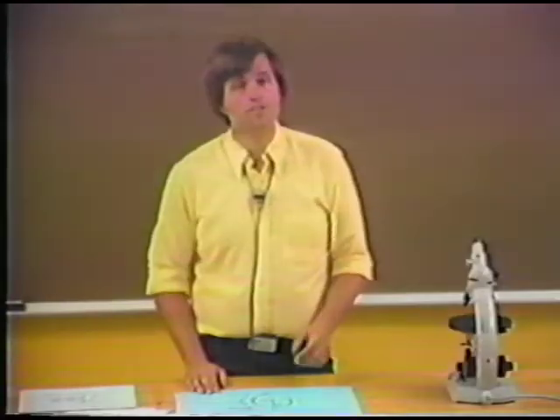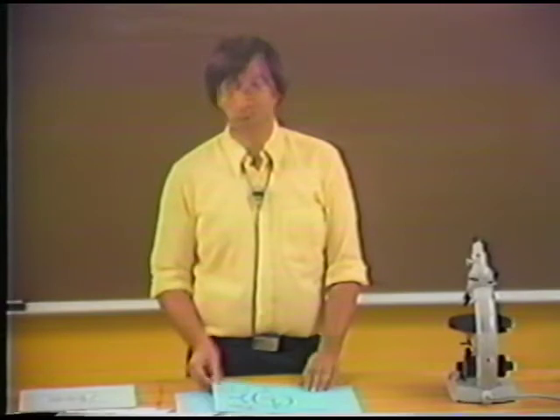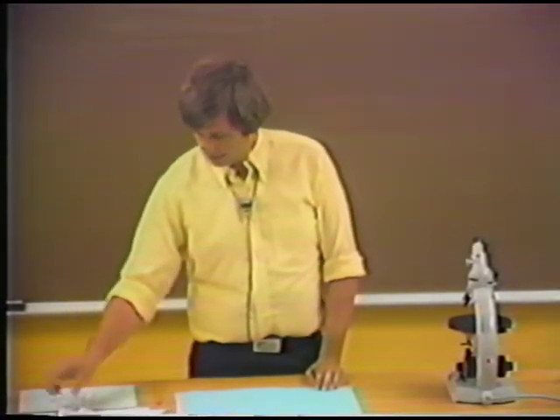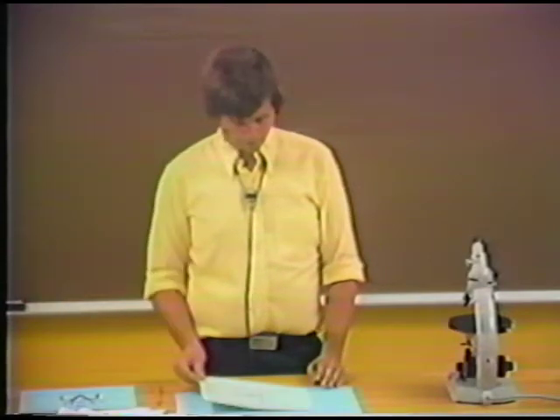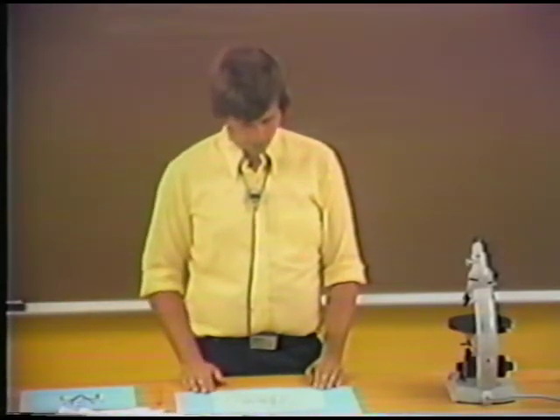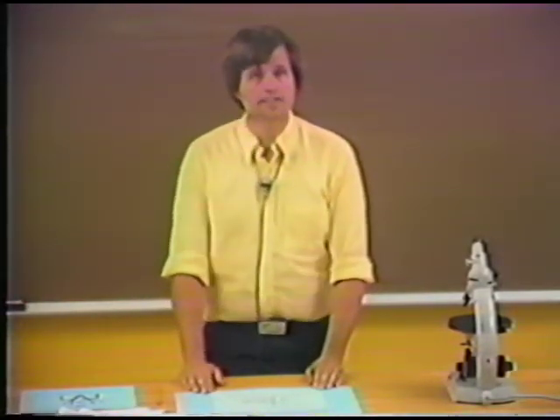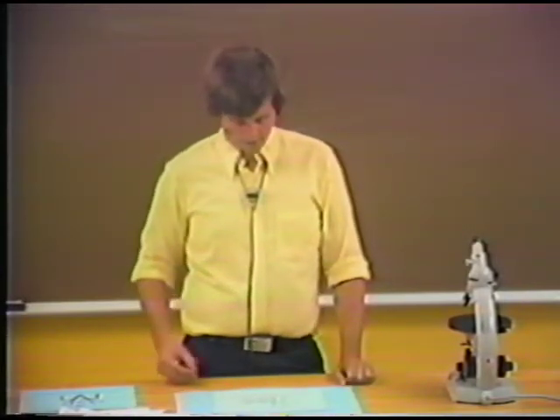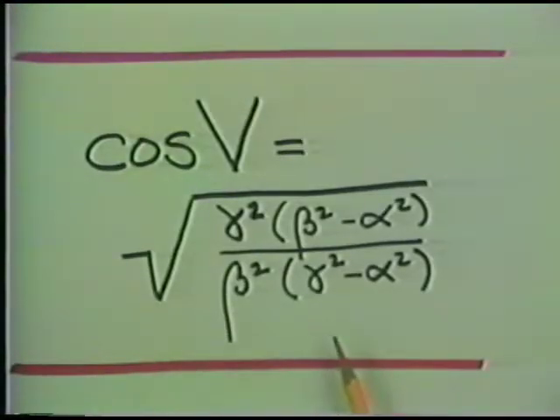Okay. Well, there is a rigid geometrical constraint which is indicated: the minute that alpha and beta and gamma are defined, then the 2V angle is defined as well. And this equation shows the geometrical constraint of the 2V angle.